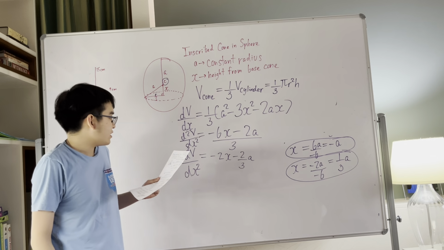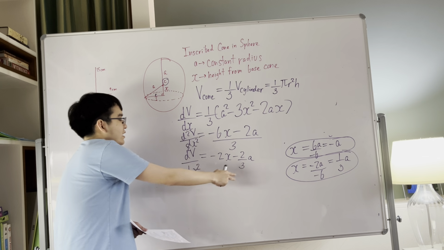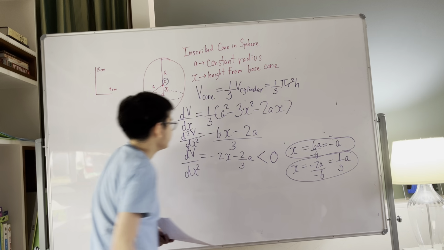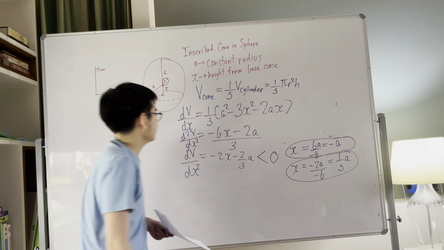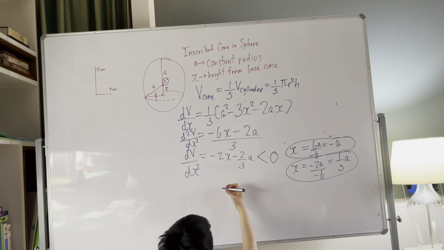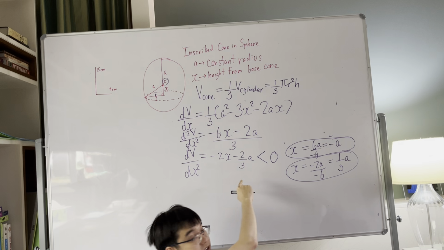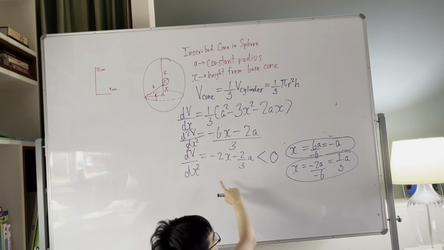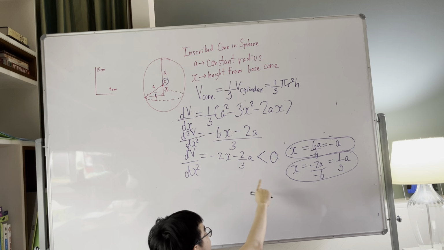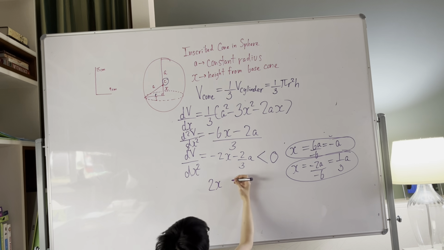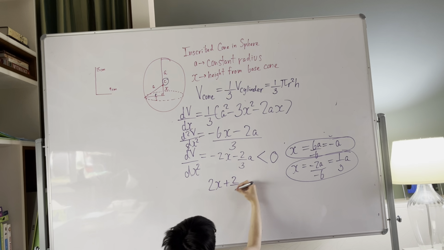And we want this to be a maximum, right? So we want to set this to be less than 0. Moving that around, we have two minus terms on the right hand side, so we can divide by -1 on both sides. That will change the sign of the inequality. So we get 2x plus 2/3 a is greater than 0.